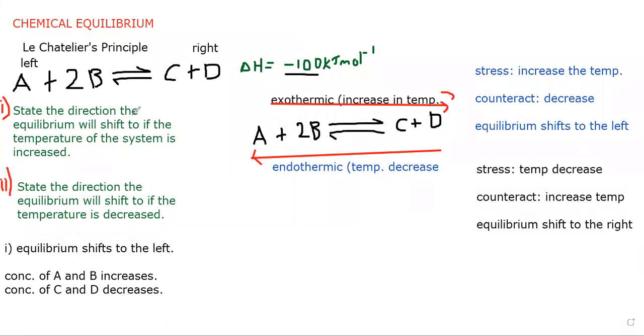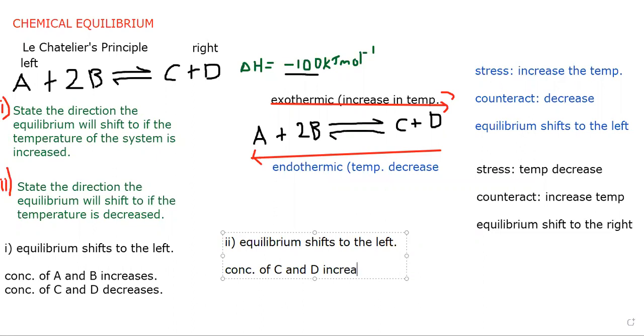now, when we decrease the temperature, the equilibrium shifts to the left. Once it shifts to the left, that means the concentration of C and D increases, and the concentration of A and B decreases.